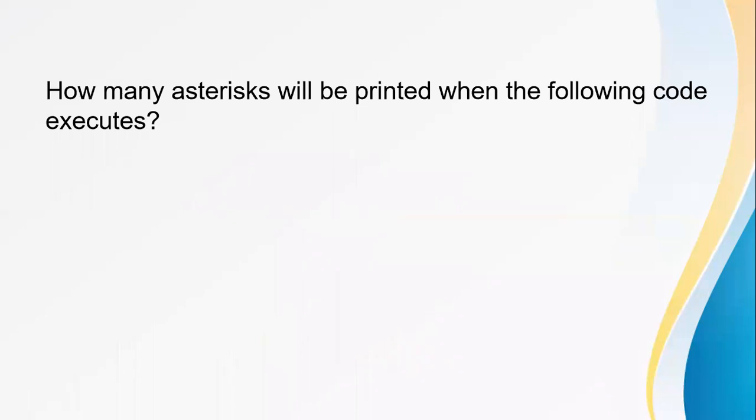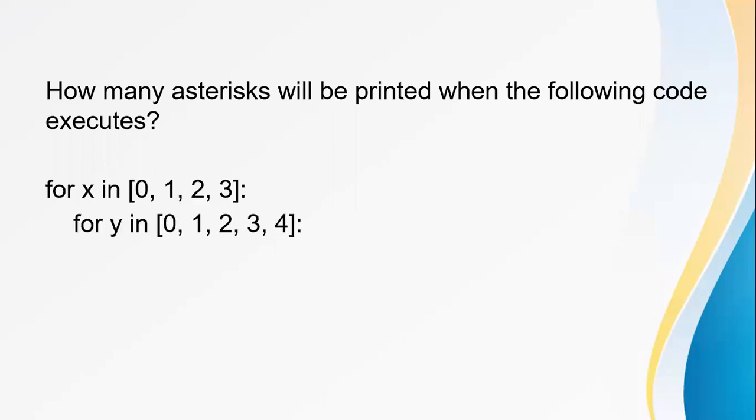How many asterisks will be printed when the following code executes? For x in 0, 1, 2, 3, for y in 0, 1, 2, 3, 4. I am making a nested loop, introducing you to the concept. Print star.